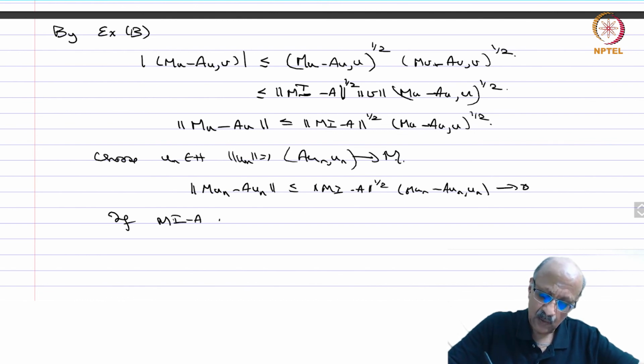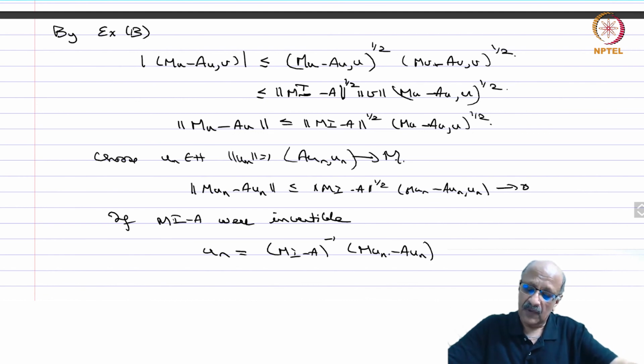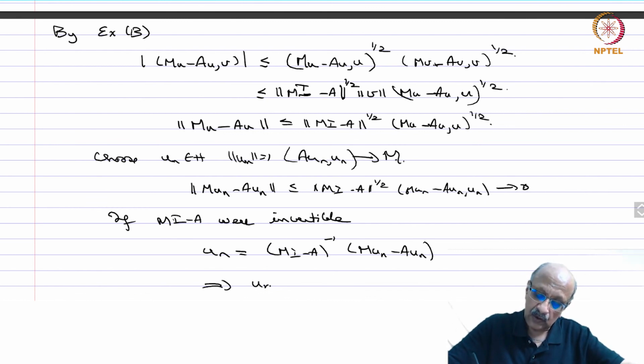So if MI minus A were invertible, u_n can be written as (MI minus A) inverse applied to (MI minus A)u_n. I am just applying an operator and its inverse, so I get back the identity, so that will be equal to u_n. That means u_n goes to 0, but norm u_n equal to 1.